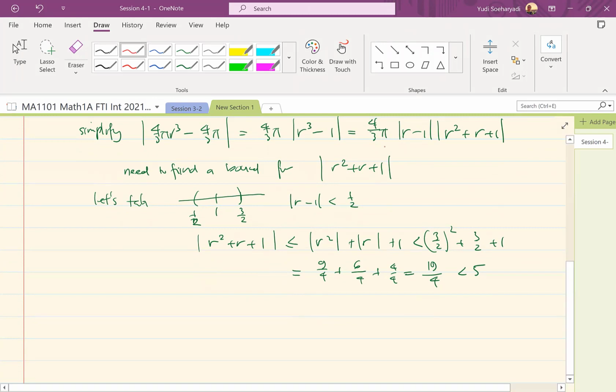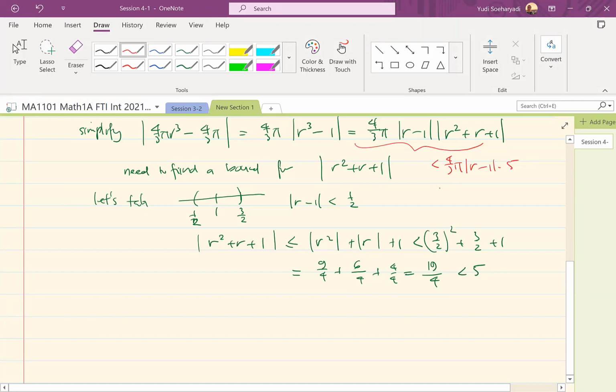And if we continue with this, this is less than 4/3 pi times r minus 1 times 5. Okay.